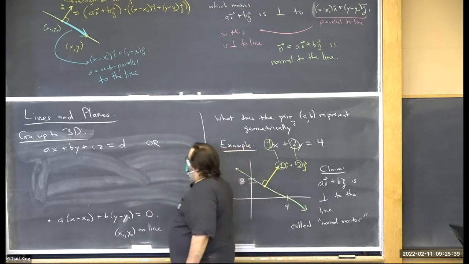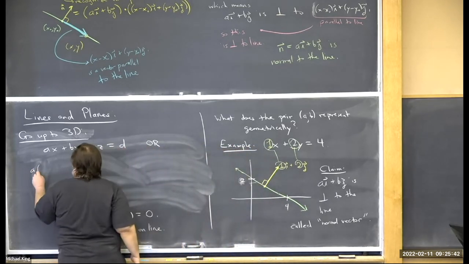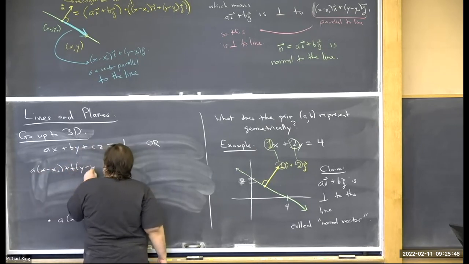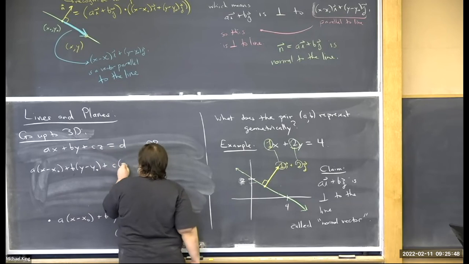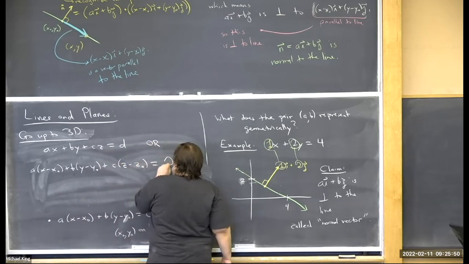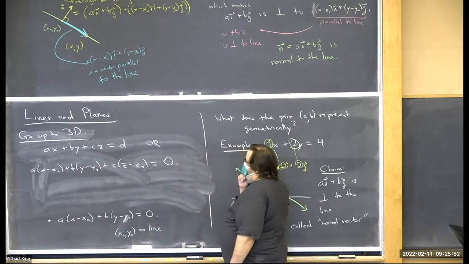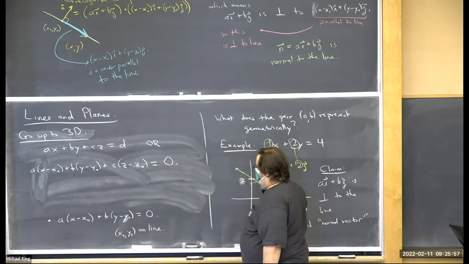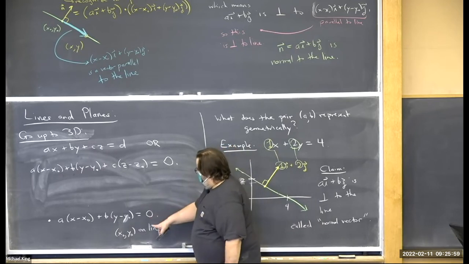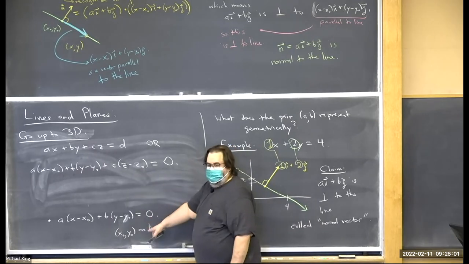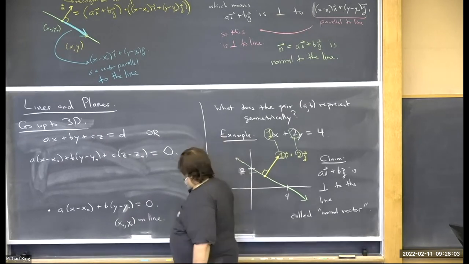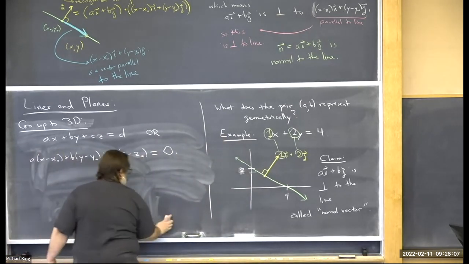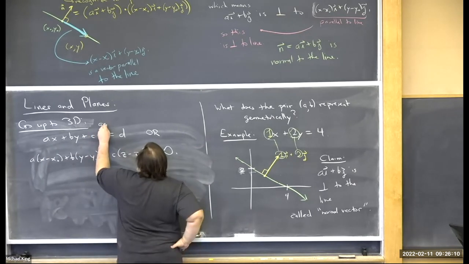So the generalized form is a times (x minus x naught) plus b times (y minus y naught) plus c times (z minus z naught) equals 0, because this is a plane containing the point x naught, y naught, z naught. I'm just adding the variable z to get this. So these are general plane equations.